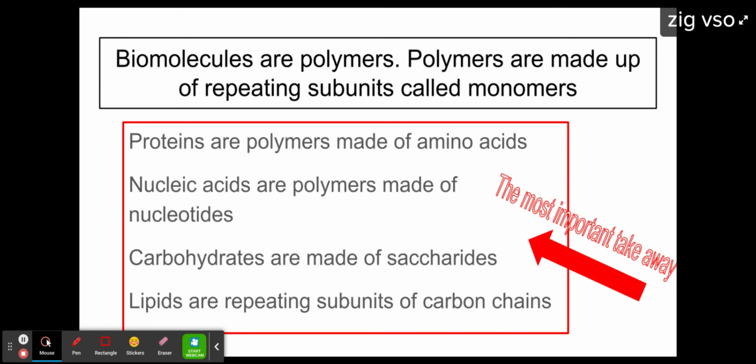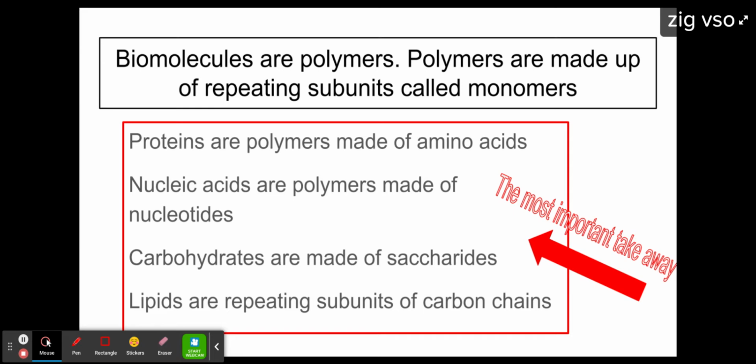So the term biomolecule means that these are large molecules that are built up of smaller subunits. In other words, they're polymers, poly meaning many, made up of repeating subunits called monomers. Mono means one. So you need to know not only the four biomolecules, but the monomers for each of those.